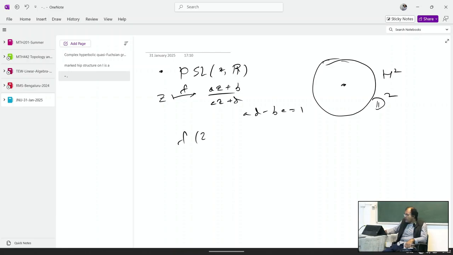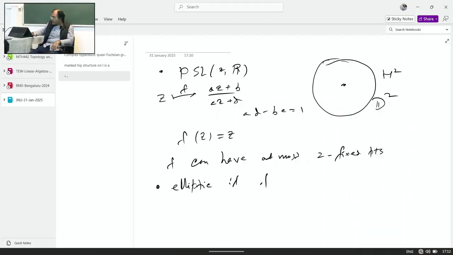Now if you consider the fixed points of F, how many fixed points can it have? It can have at most 2 fixed points. It is called elliptic if F has a fixed point in the disk D2.